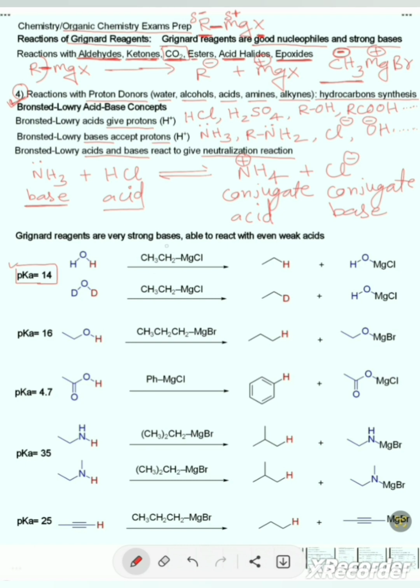So the basic Grignard reagent's carbanion part takes the proton, the bond between oxygen and hydrogen breaks, and the corresponding hydrocarbon is formed. The byproduct of this reaction is the magnesium salt of chloride and hydroxide ion.